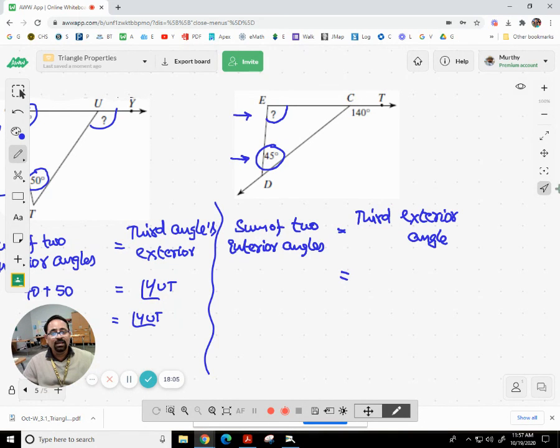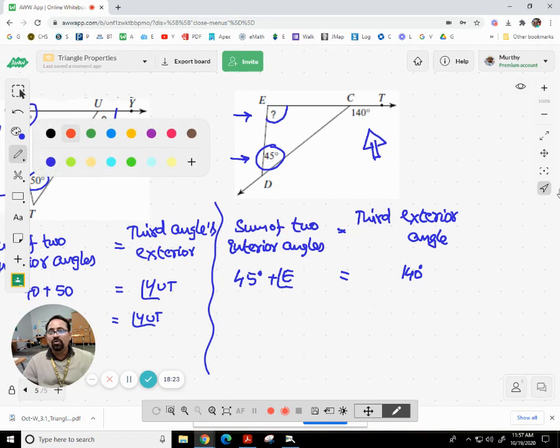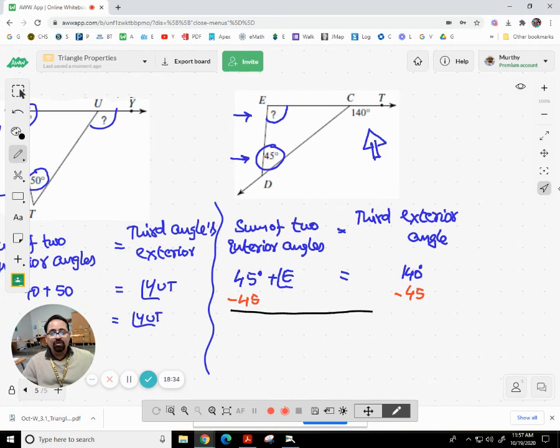The second one is not known, so it is 45 degrees plus angle E equals, you can see this is the exterior angle, which is 140 degrees. Now here we are going to use simple algebra. Take away 45 on both sides. Then 45 take away 45, angle E equals 95 degrees. That's it.